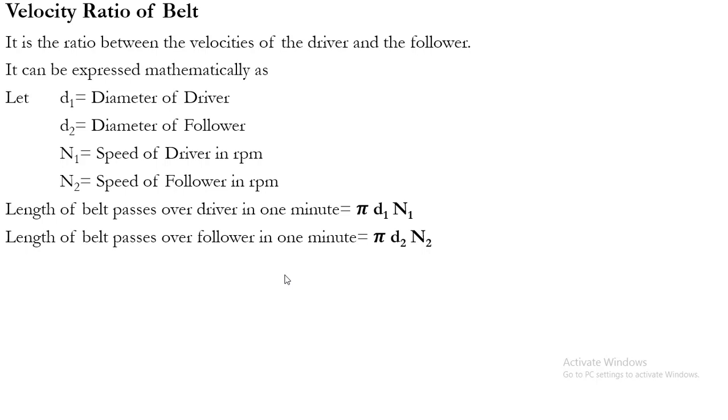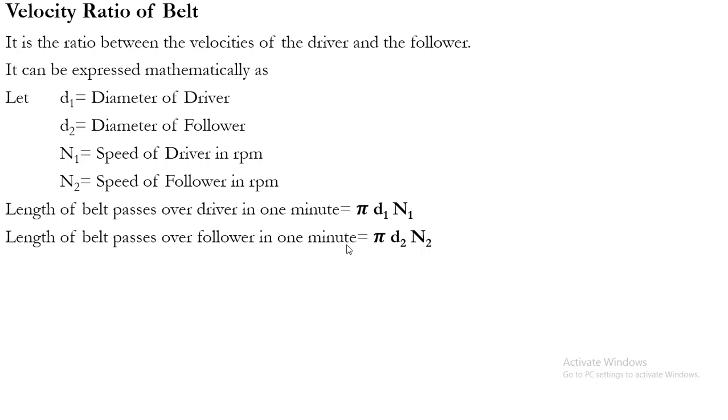So the length of the belt passing over the driver pulley is pi D1 N1, whereas the length of the belt passing over the follower is pi D2 N2, and this is just in 1 minute.